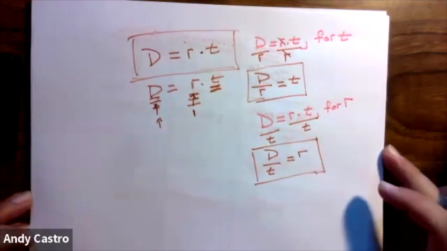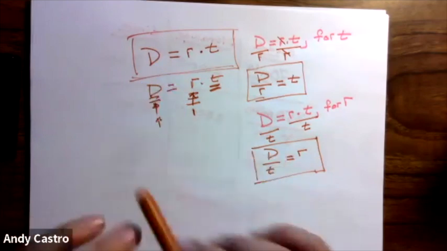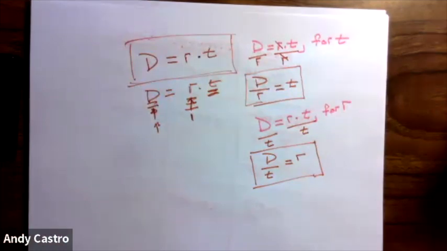So regardless, in a word problem for example, of what I'm given, I can manipulate the equation using what I know from literal equations to solve for the unknown variable.